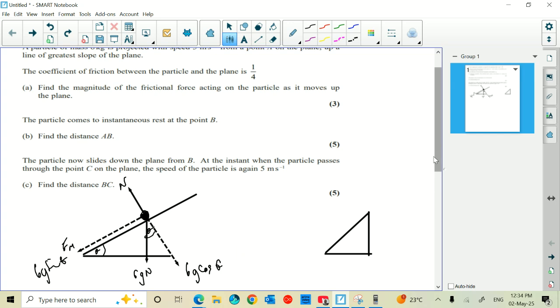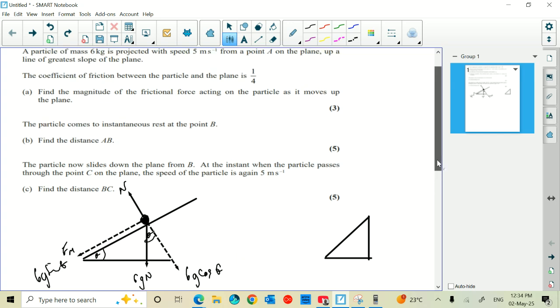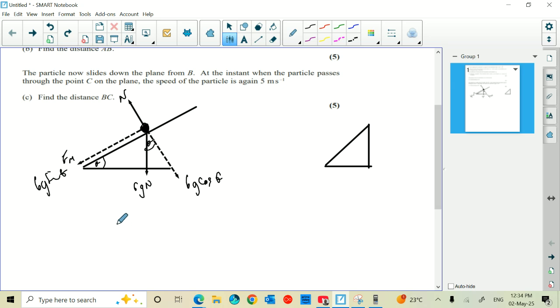So using F is equal to mu N, F max is equal to mu N or mu R, whichever you like. We can now find the value of N by resolving perpendicular to the plane.